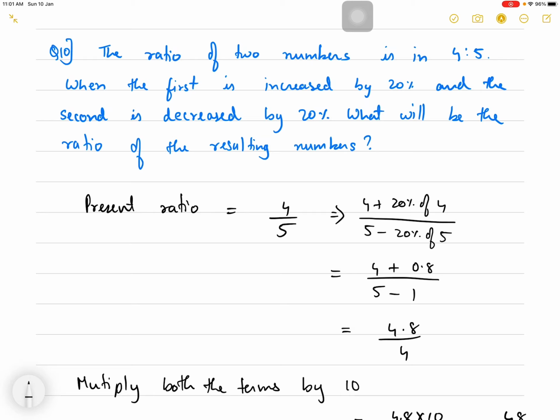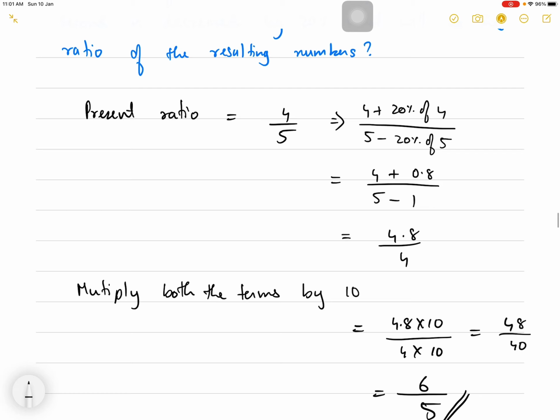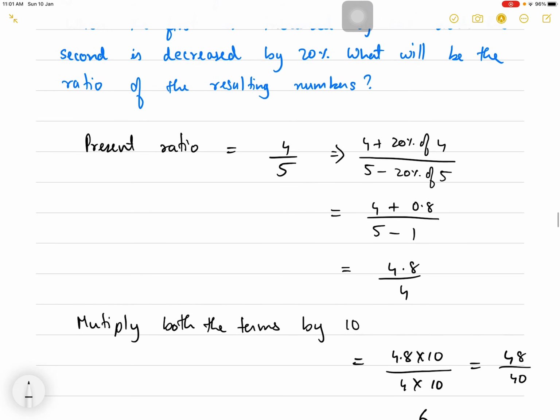So the ratio of two numbers is 4:5. When the first number is increased by 20% and the second number is decreased by 20%, what is the resulting ratio? Okay, so 4 by 5, you add 20% of 4 and subtract 20% of 5.